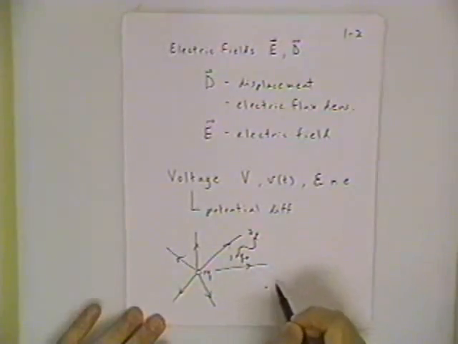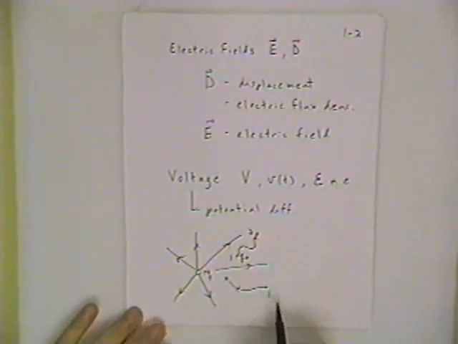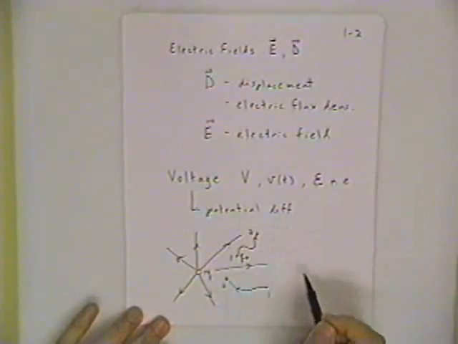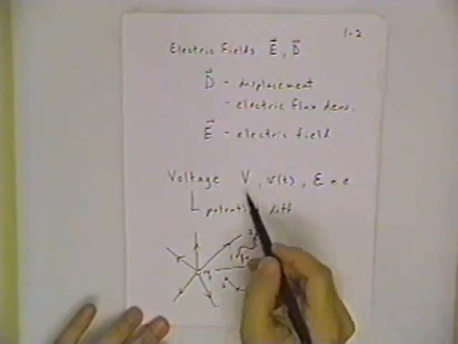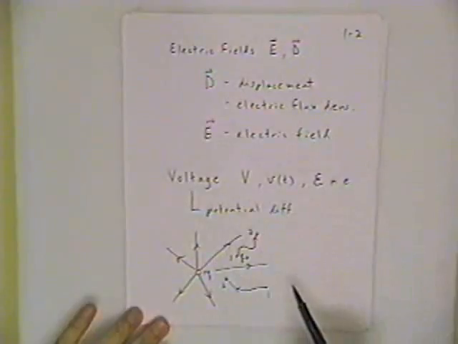Now if we reverse that and say position 1 is here and we want to move along some pathway to get to position 2, which is closer, and we're going this way, we have to work against the field to go from potential 1 to potential 2. And that's where the idea of potential difference comes in. It's a real nice way of bypassing all of the detailed theory and the mathematics of the electric field.